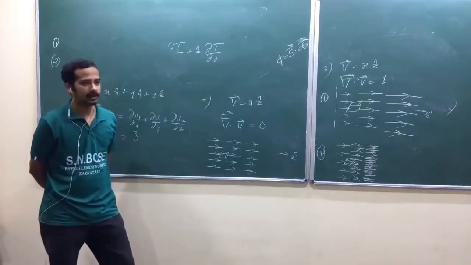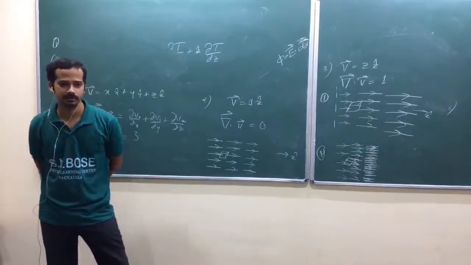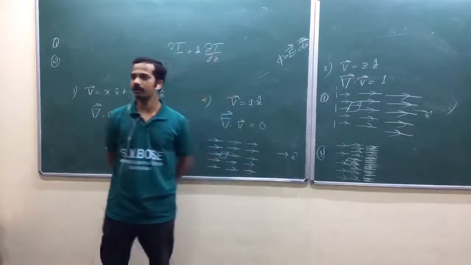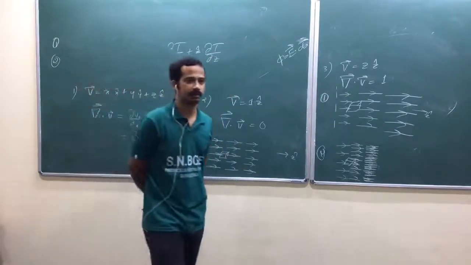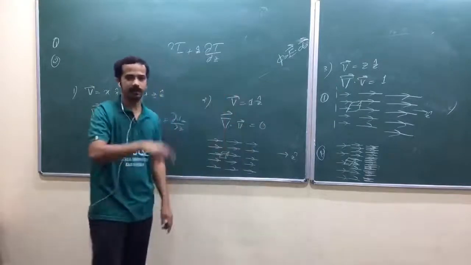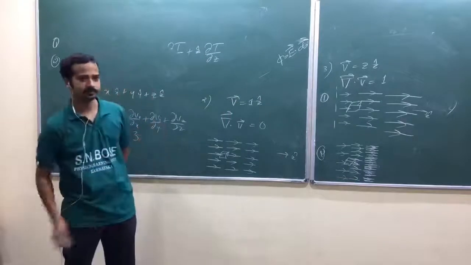But electric field divergence is 0 whenever there is no charge. That's why whenever there is no charge, electric field will never be created, or it never ends in a space actually. Okay? So let me go in a mathematical way.